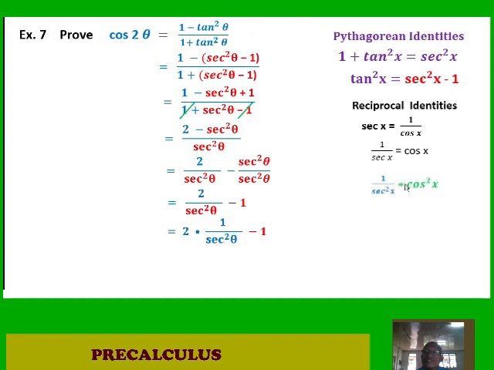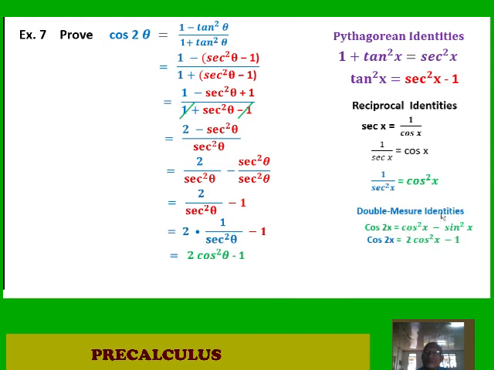And squaring both sides, then 1 over secant squared theta has the same form as cosine squared theta. Substitute here. Okay. Cosine squared theta, from the basic reciprocal identities.